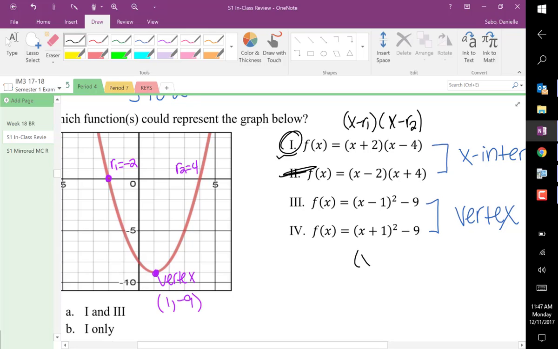But x minus h all squared plus k. That's my vertex formula. So look, when I take 1 and I plug it in, it's a minus 1. You see that? If I take 1 and I plug it in, it's a minus 1.